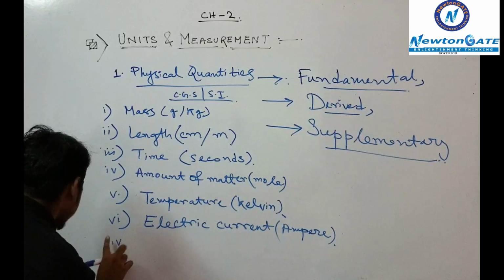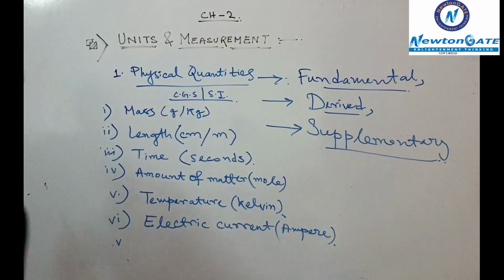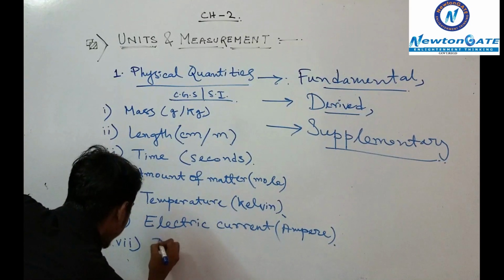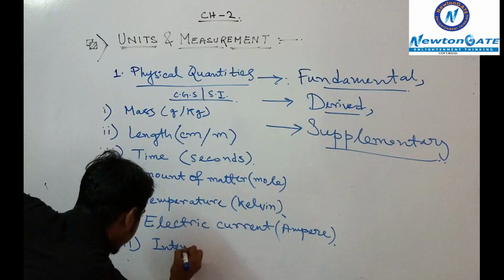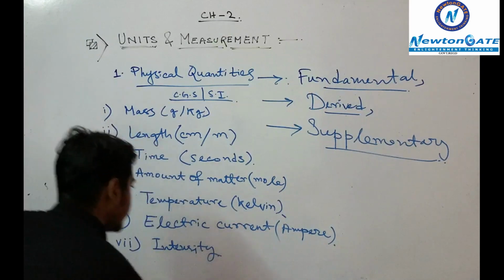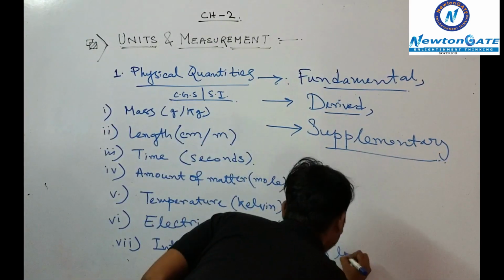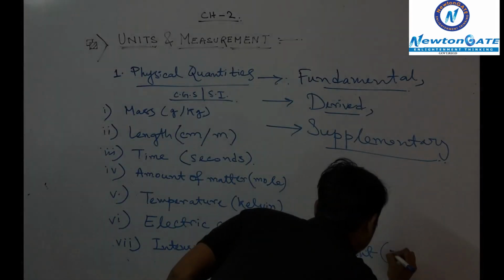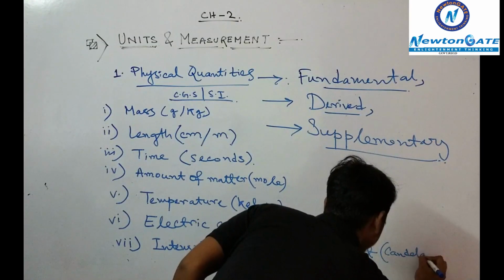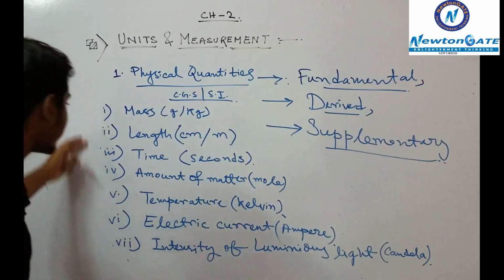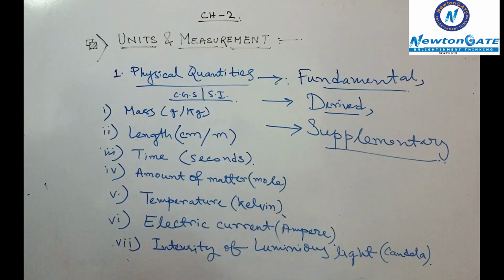Next is intensity of luminous light, expressed in candela. So these are the 7 physical quantities which do not depend on any other quantities.